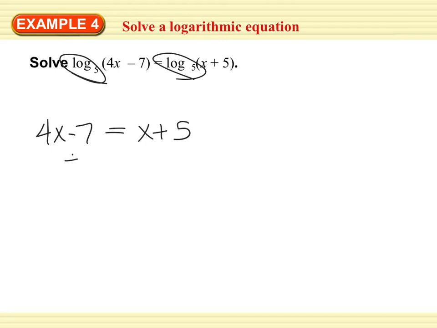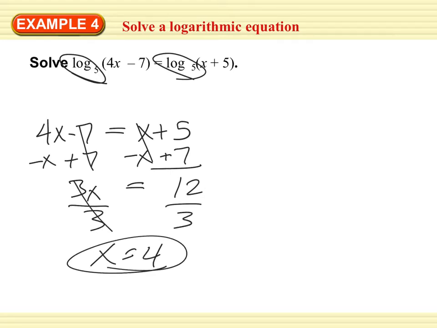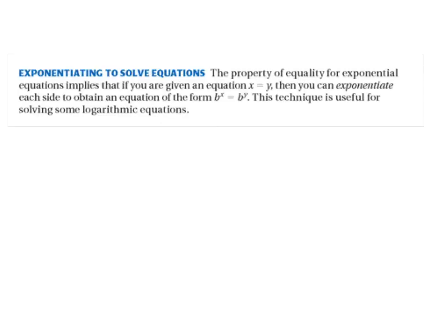Now we're just going with some straight old algebra, which makes my mind very happy because I'm a math teacher and a little bit strange. So 3x equals 12, x equals 4. Okay, glorious algebra. And that was the only example of that one. We'll practice some more in a second.